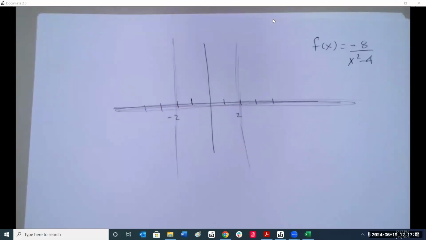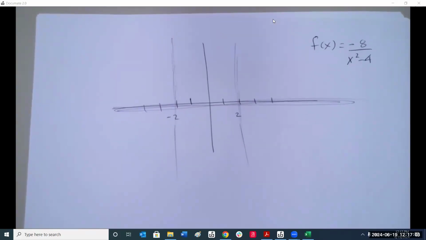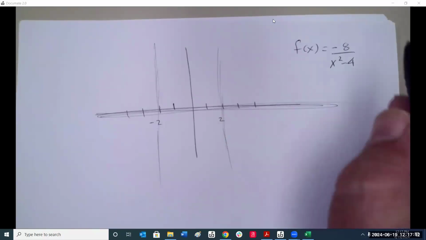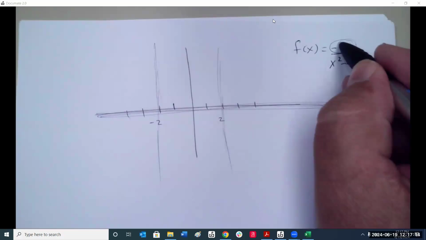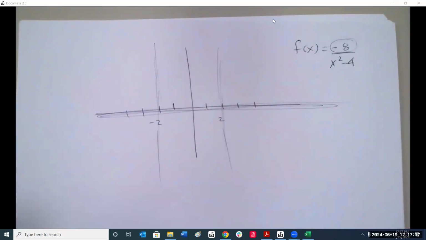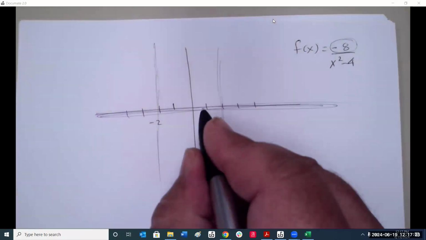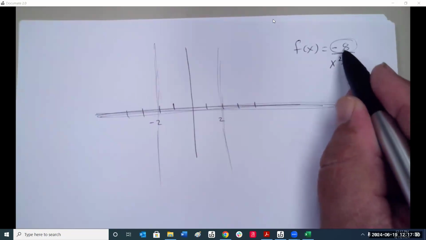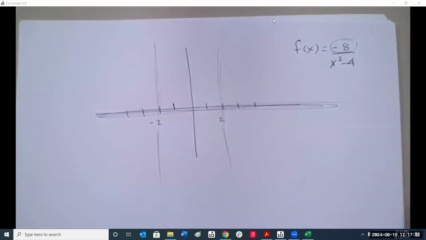Do we have any x-intercepts? The only way a fraction can have an x-intercept is if the top is 0. So we have no x-intercepts. What happens at 0?